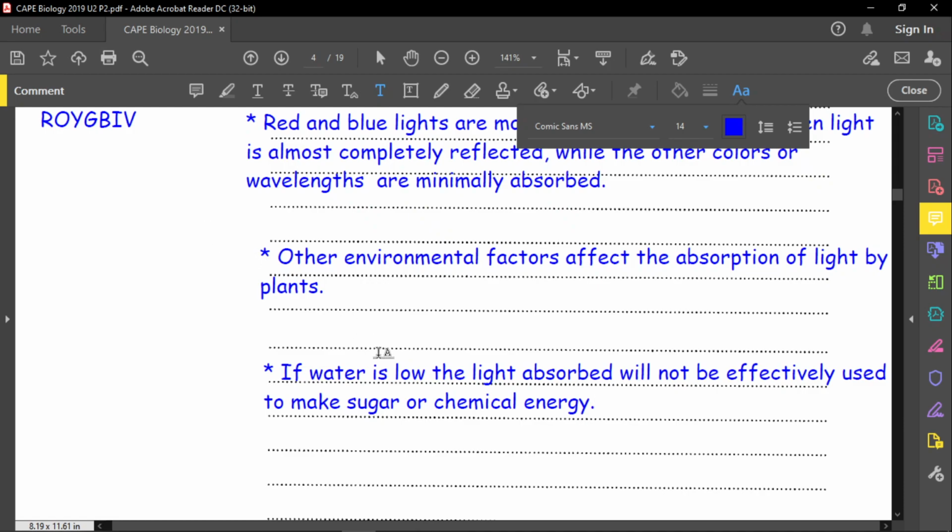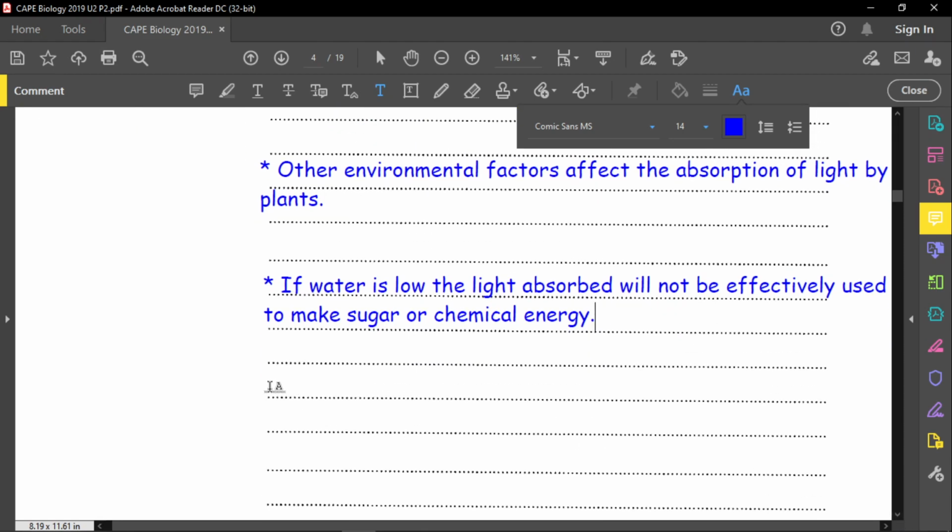I'm also going to mention another factor that will affect the amount of light being absorbed by plants.